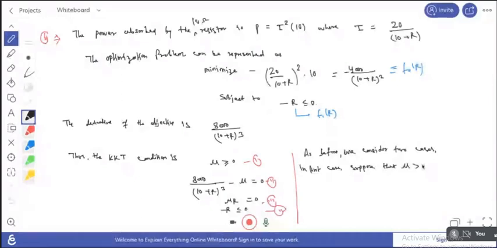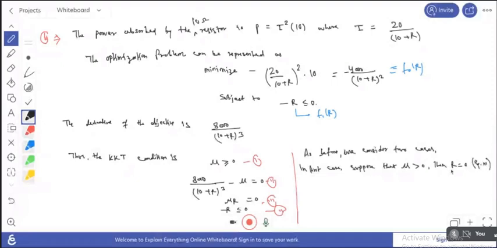Then if mu is greater than 0, r equals to 0. Okay, this is equation 3. So r is greater than or equal to 0.